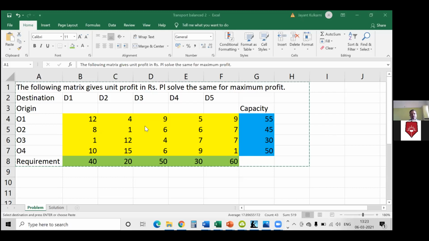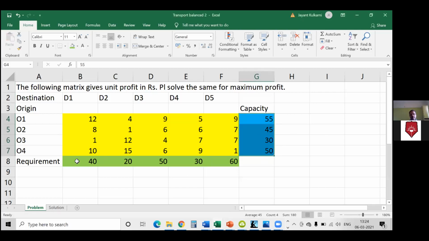And the second variation we are doing is where the total supply, as you can see here, is 180, which is the sum of the blue cells, while the total demand is 200, which is the sum of the green cells.